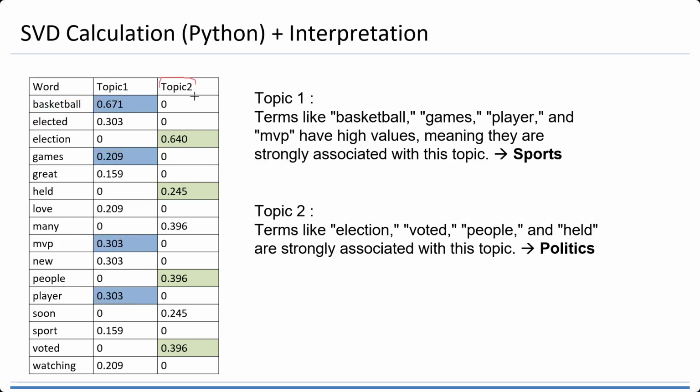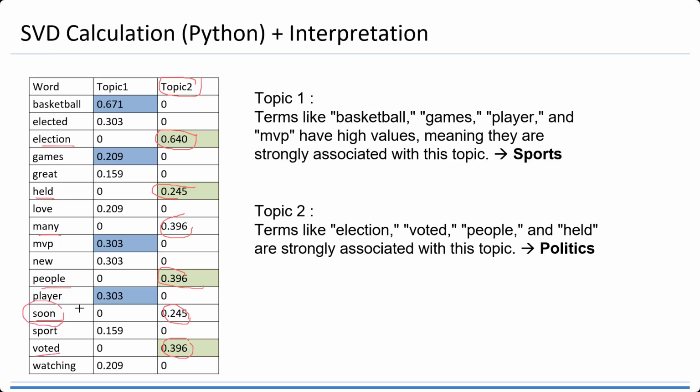And for topic 2, we can also look at the numbers. So 0.6, 0.2, 0.3, 0.3, this one and this one. If you look at those numbers, it seems to be election, vote.